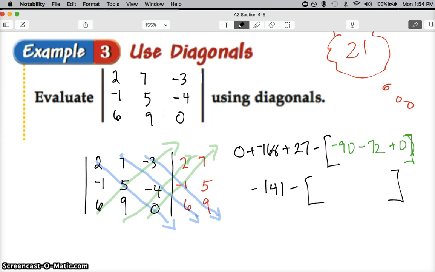That's going to give me a negative 162. And so this minus minus turns into a plus. So I've got negative 141 plus 162. When I add these together, it really is subtraction. Subtracting 162 minus 141, I get 21. The same idea we thought we'd come up with.